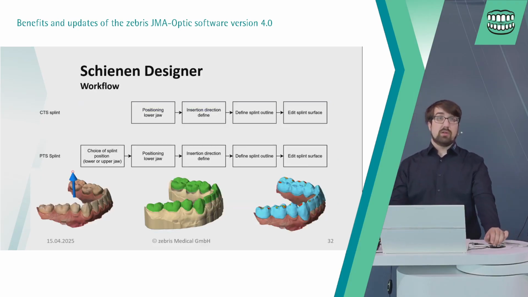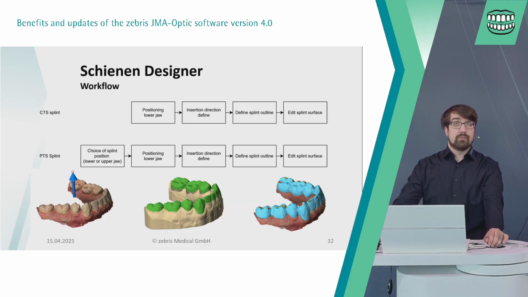The design is also really simple. On the CTS splints, positioning in the lower jaw is fixed, so you're defining you position the lower jaw at the position you want. We have the insert direction to define. We define the outline of our splint, and the software will give you directly a finished surface for your splint.